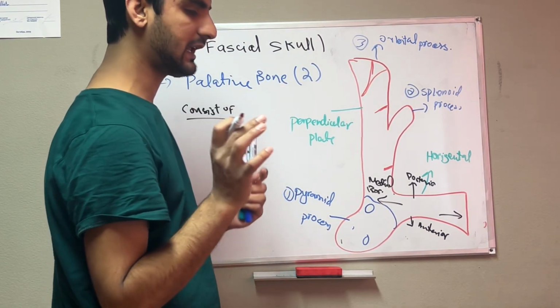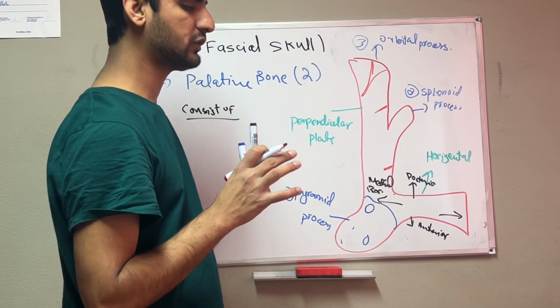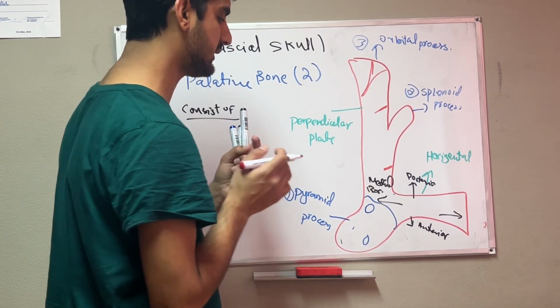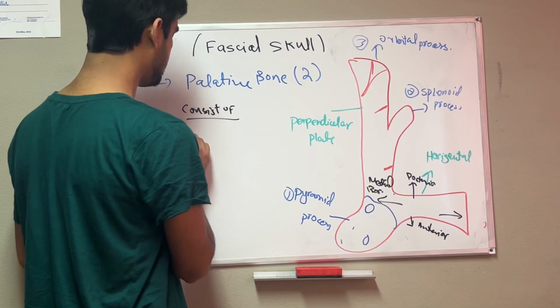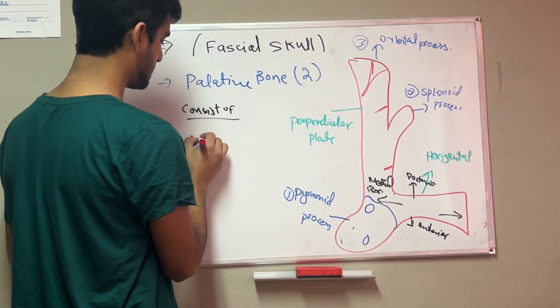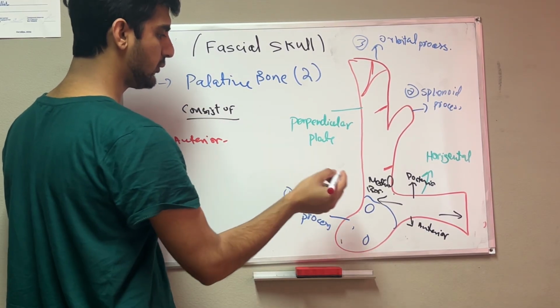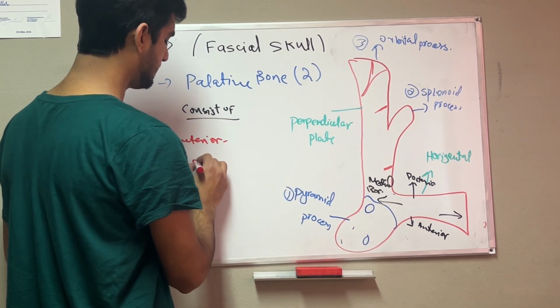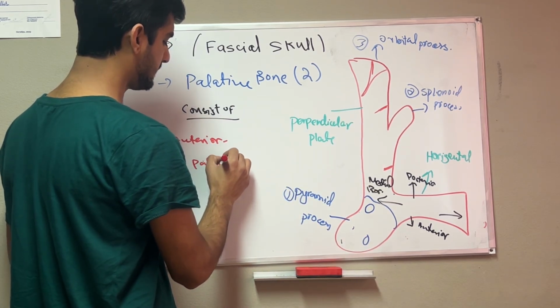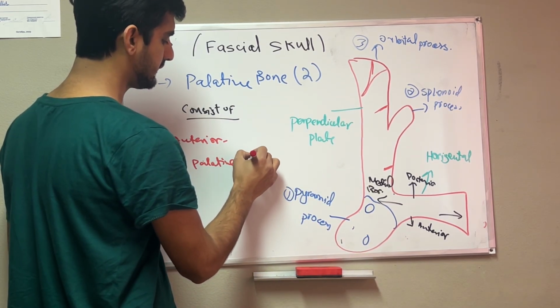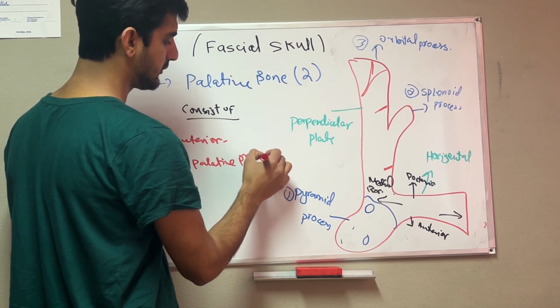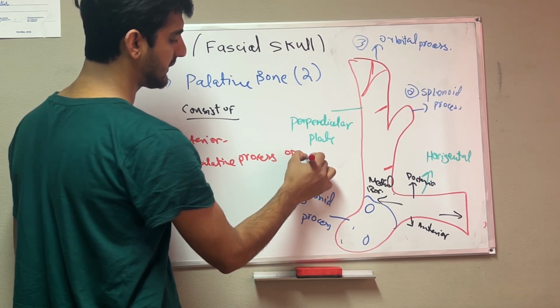We already discussed that in the maxilla bone we have the palatine process, in the hard palate. So the anterior border has connection with the palatine process of the maxilla bone.